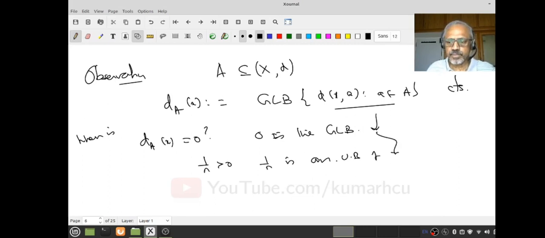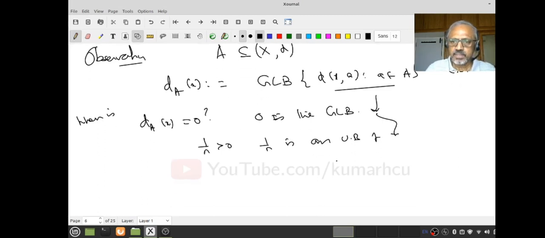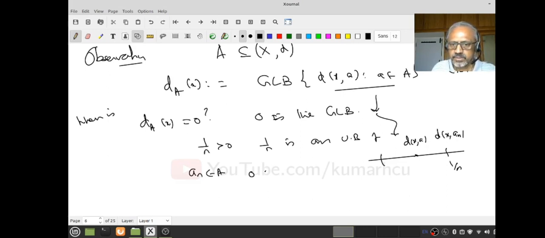If 1/n is not an upper bound, that means there is an element of this set, namely d(x, a), so that it is strictly less than 1/n. Since that a depends upon 1/n and hence n, I call it a_n. So there exists a_n in A so that 0 ≤ d(x, a_n) < 1/n.